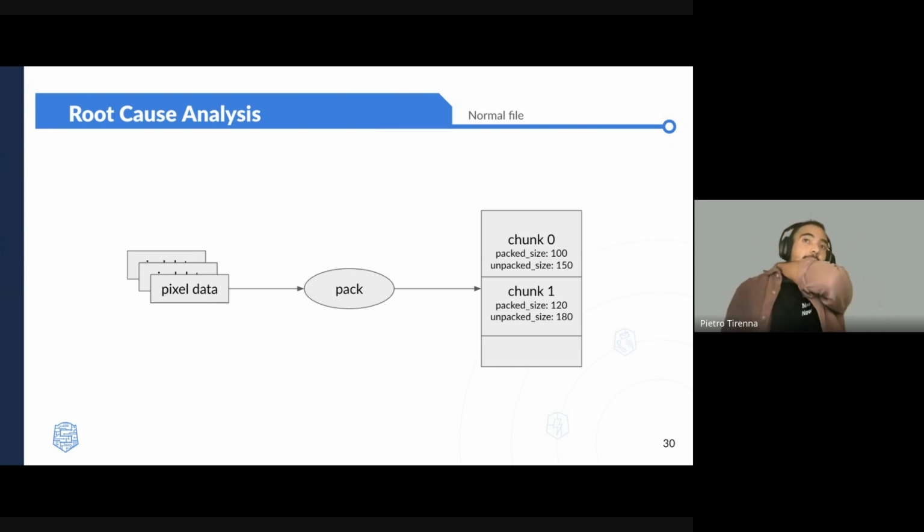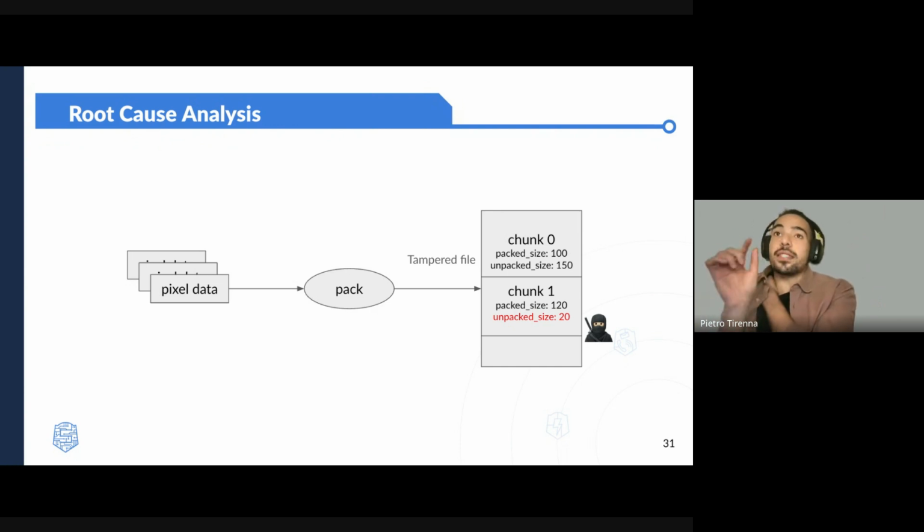In this case, imagine that we have a situation like this. We have some pixel data. The pixel data is going to be packed and compressed. And imagine that we then have resulting chunks with a given packed size and unpacked size. So far, so good. But what if, as an attacker, we just change the unpacked size value in the chunk header?